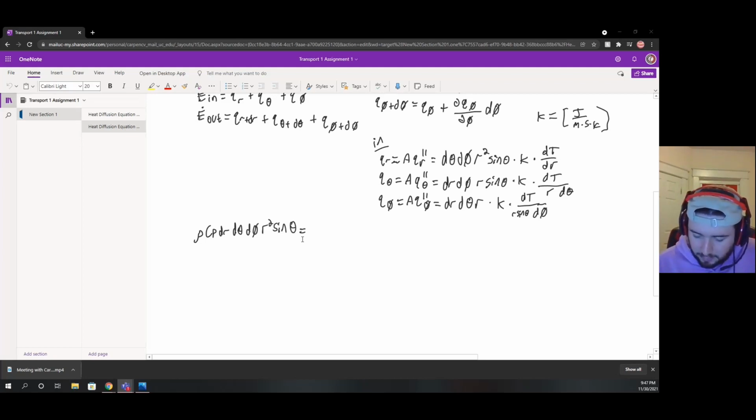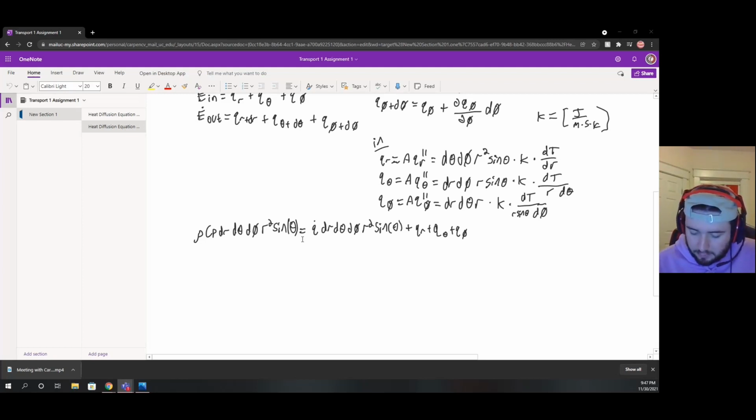equals our energy generation, which is q dot dr d theta d phi r squared sine theta, plus, we're just going to leave these terms as qr plus q theta plus q phi.